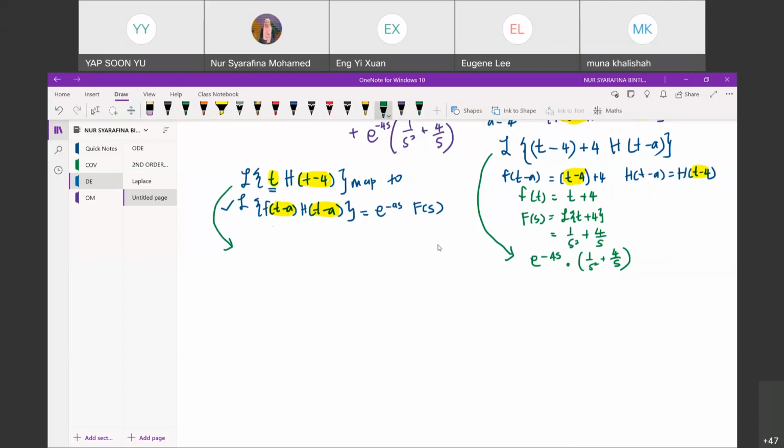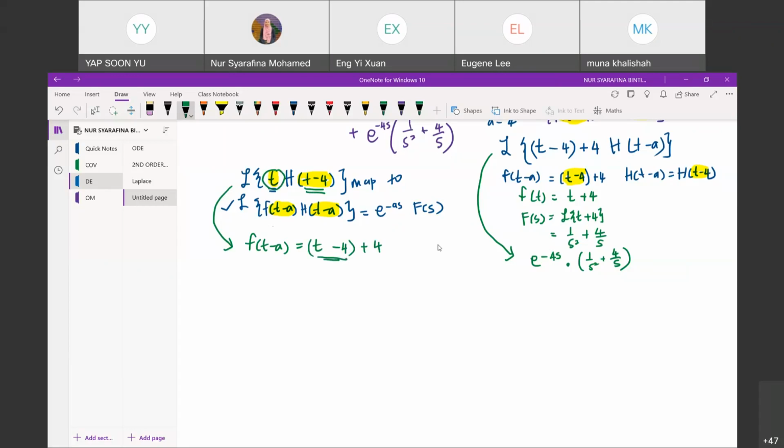So now, your f(t minus a) should be t minus 4 plus 4. Why do we have t minus 4 here? Because we want to make it a similar term with h(t minus 4). But even though we add another value in t here, we don't want to change t.